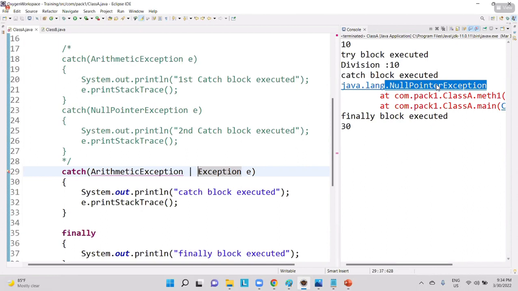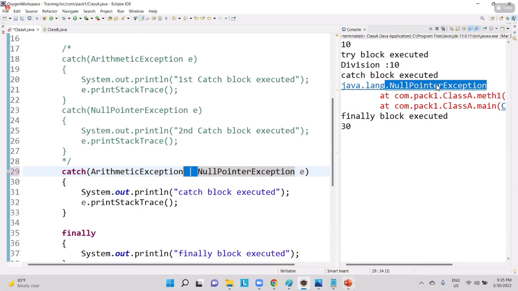Guys, the reason why we are getting an error is that whenever you are trying to handle an exception like this, this is OR, bitwise OR.